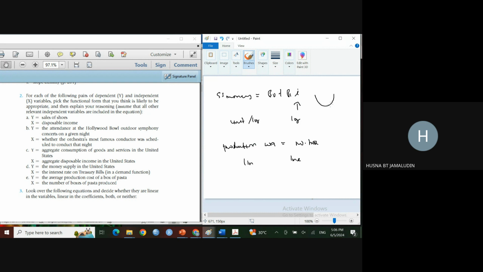You can also have production cost that decreases at a decreasing rate. Yeah, it's possible. So you can have log lin or lin. Normally it is lin, but you can also have log lin.